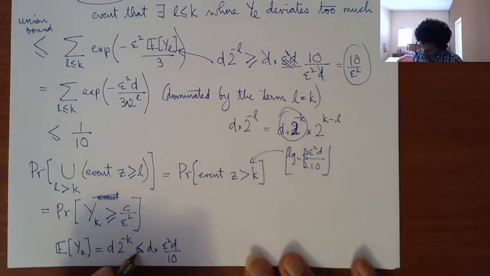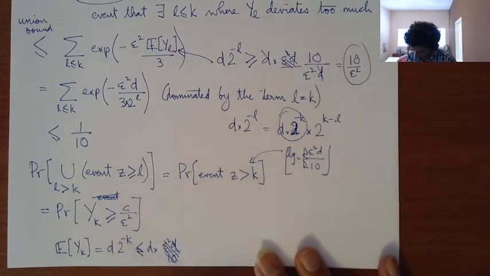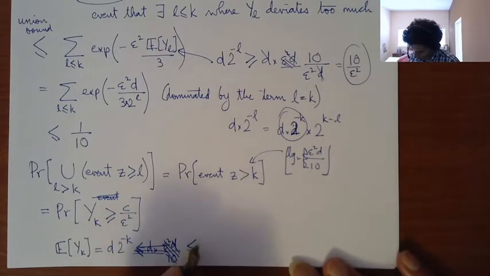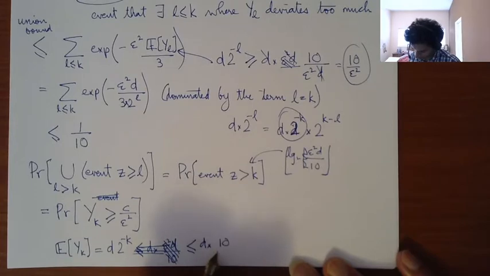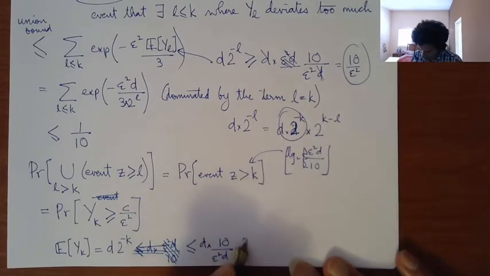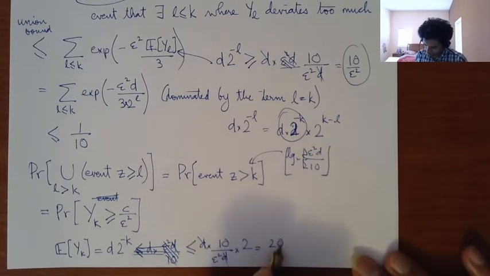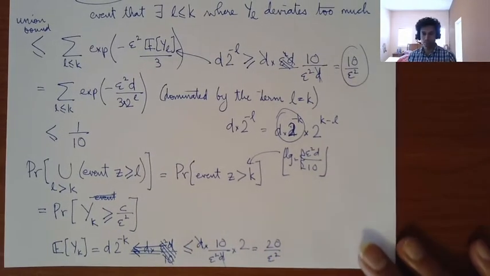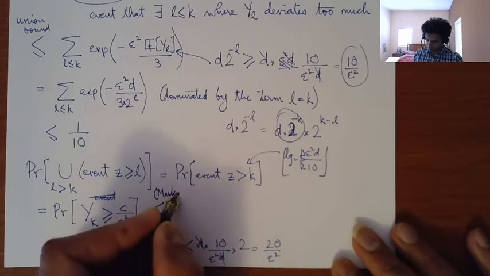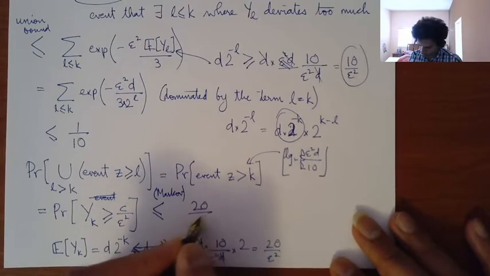No, actually, this is fine. So this is at most that quantity. Sorry, my apologies, I'm messing this up. So this is at most d times 10 divided by epsilon squared d, times 2 because of the floor. And so what I get is that the expectation is at most 20 over epsilon squared. So by Markov, this probability is going to be at most 20 divided by c.